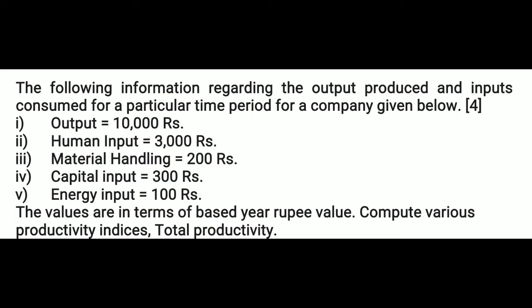Output 10,000 rupees, human input 3,000 rupees, material handling 200 rupees, capital input 300 rupees, energy input 100 rupees. The values are in terms of base year rupee value. Compute various productivity indices and total productivity.